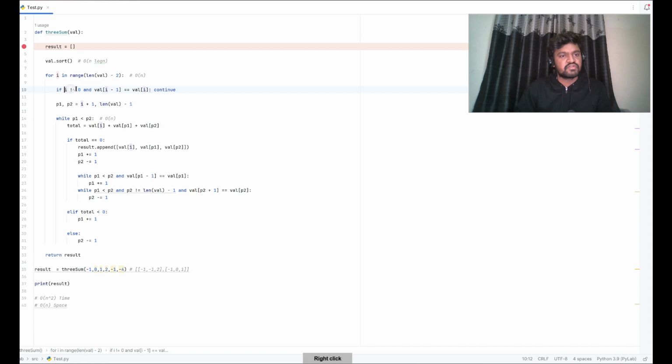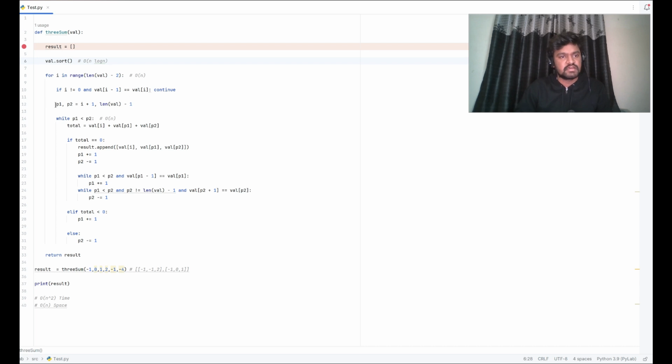This is for the index check. If i is already standing at 0, then we don't need to look at the previous one, because if the index is already the first index, the 0th index, there is no point in looking back. This is the first time it's going to run, so we need to add this condition.